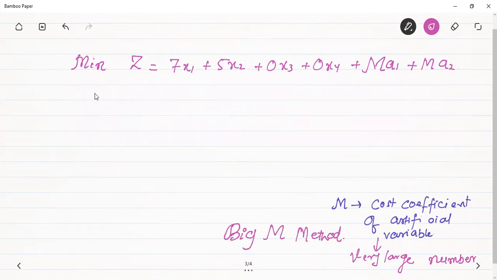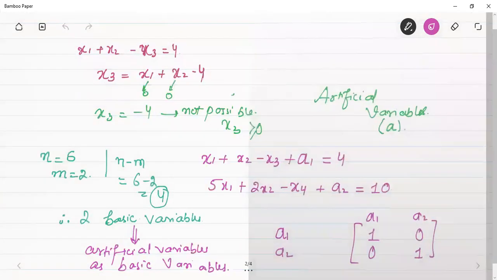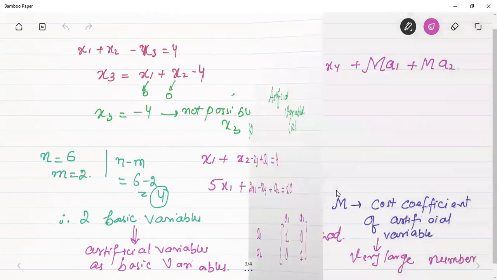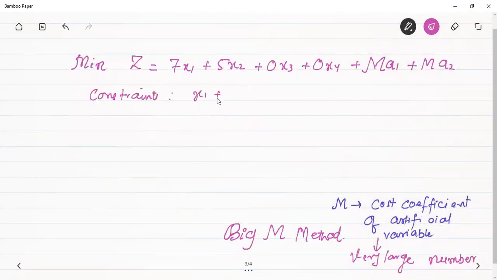Now the constraints will become, and I have to repeat the same constraints which were here: x1 plus x2 minus x3 plus a1 is equal to 4.